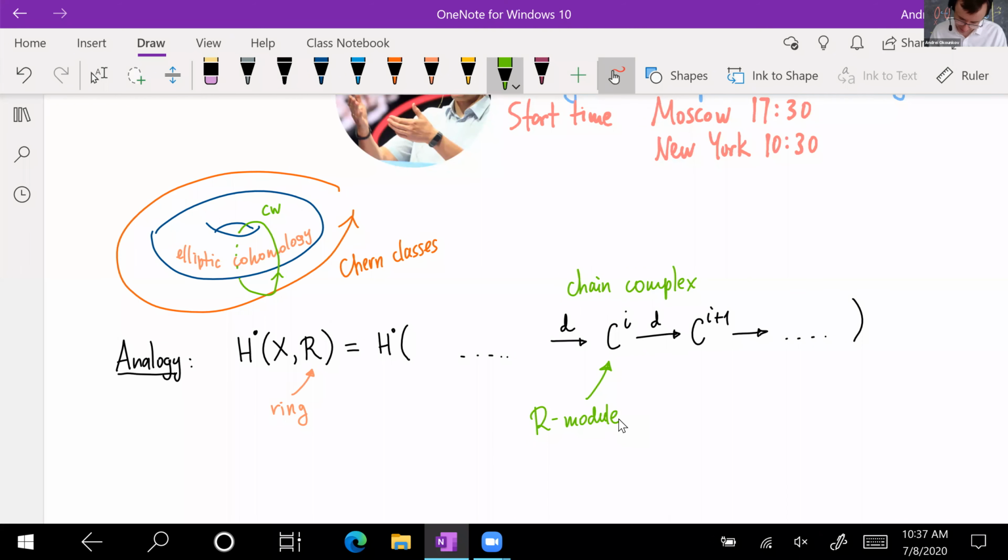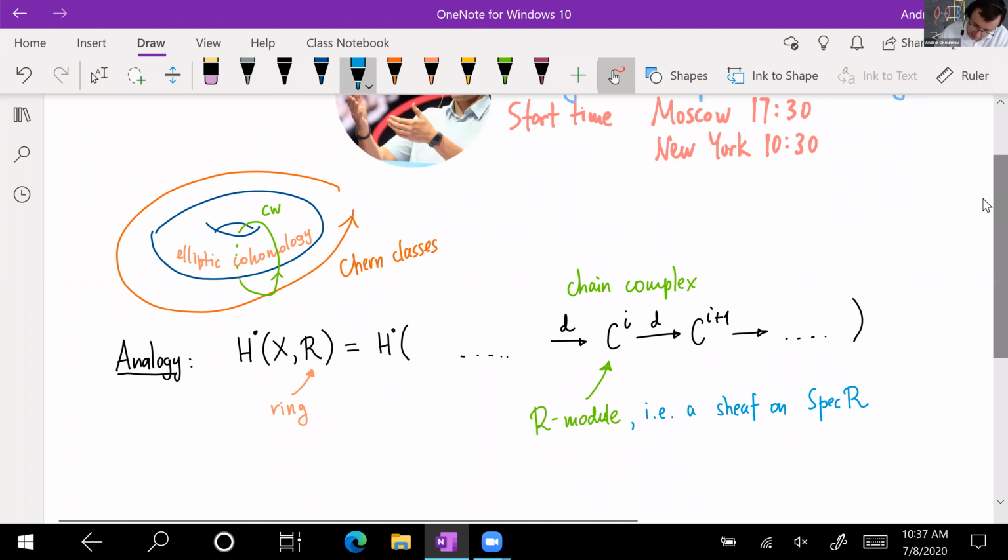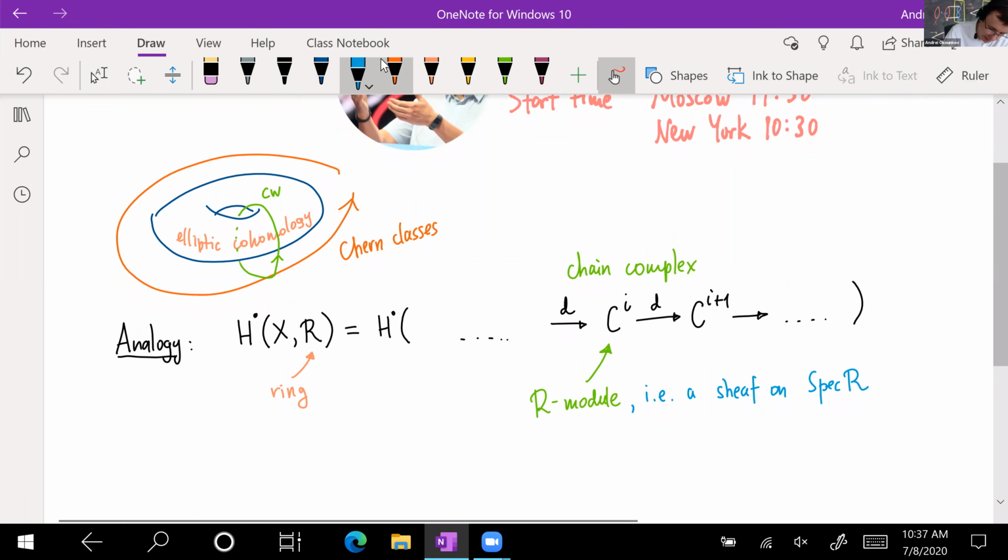And so in particular, i.e., a sheaf on Spec R. This was to be a ring, it has a spectrum, and so an R-module is a sheaf. And then further, there is also in this complex a cup product, maybe less important, but still.